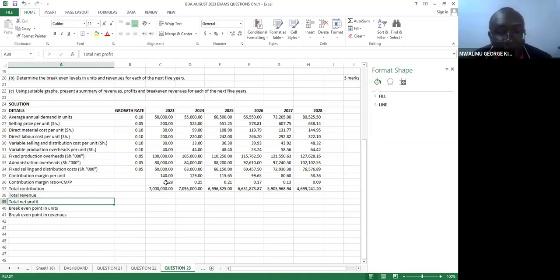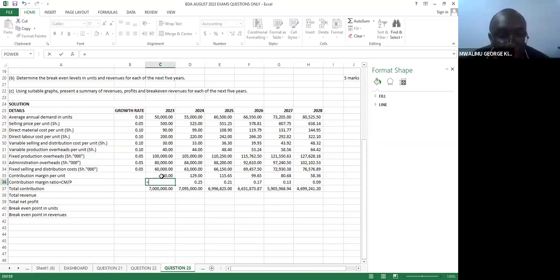So tukakuja hapa tukasema equals this contribution margin, this one, you divide by the selling price, which is here. You enter, then you copy all the way to the end. Is that fine?